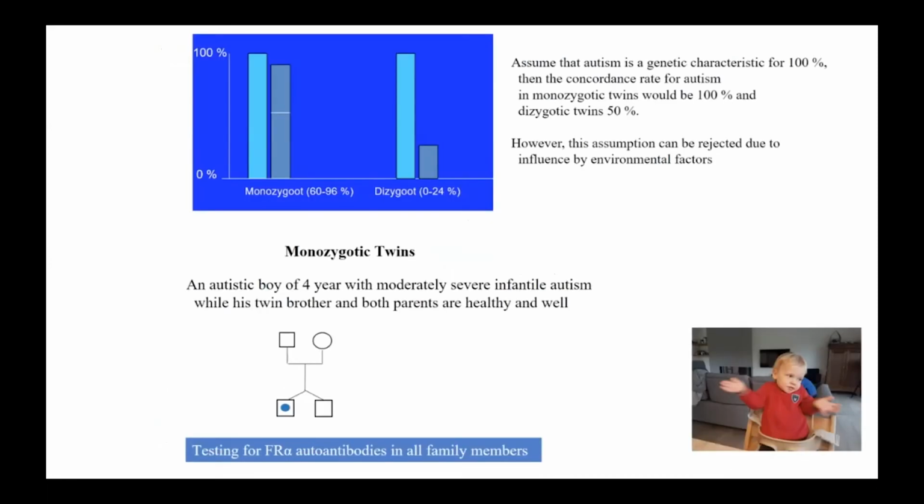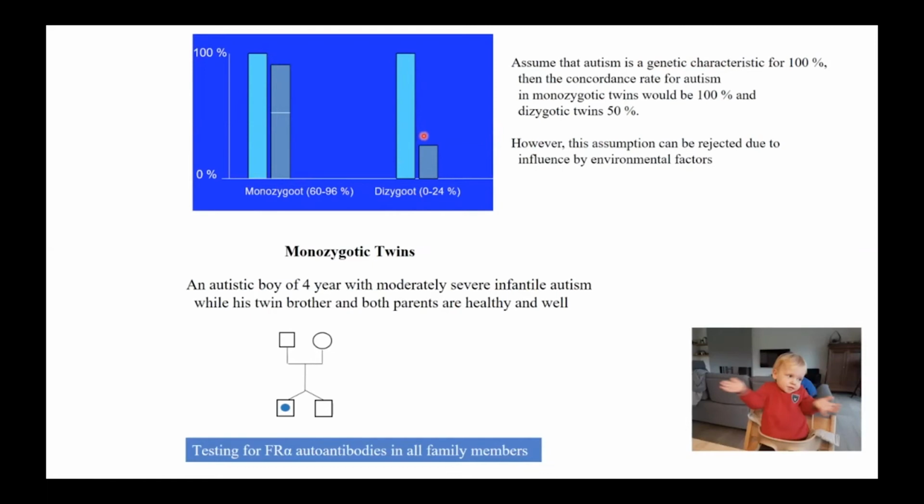So assume that autism is a genetic trait for 100%, then the twin studies of monozygotic and dizygotic twins would be expected to show that when one child has autism, the twin brother or sister has autism in 100% here, and in the dizygotic twins 50%.